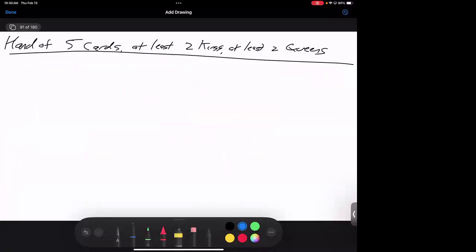So what are the possibilities? What could my hand look like? Two kings, 2 queens, and something else. What else? 2 kings, 3 queens. Anything else?